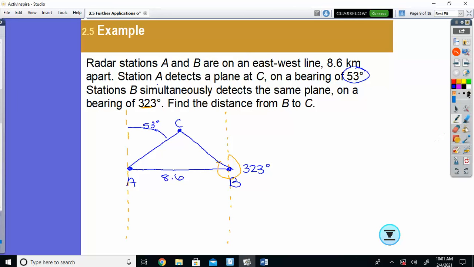We know that this is north-south, and we said AB was an east-west line. So when you have a north-south line and an east-west line, what kind of angle is formed? A right angle. So this whole thing has to be a right angle. If this part is 53, then the part inside my triangle, 90 minus 53, would be 37 degrees.